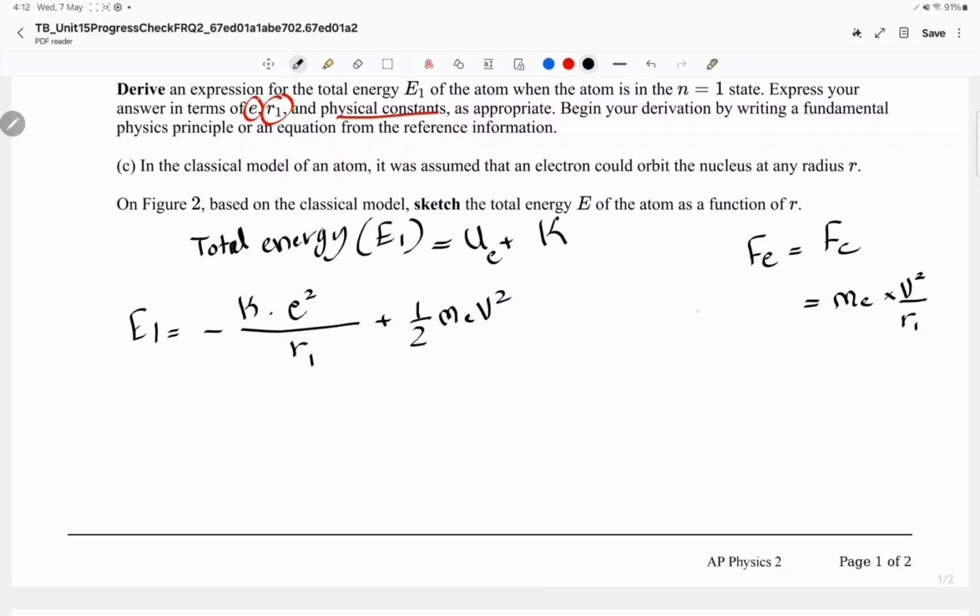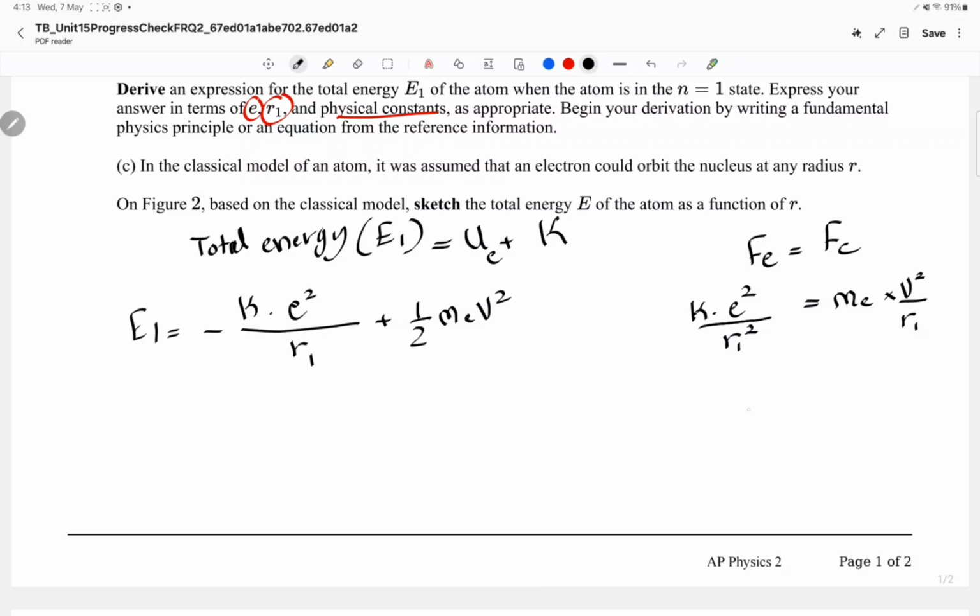And the electric force is going to be k q1 q2 over r1 squared. But the force has an absolute value on it. So even if the charge is negative, it becomes ultimately positive. Okay, now we're going to just make that into e squared.